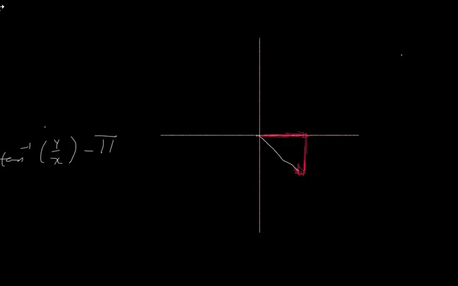So this is our complex number. This is the angle, of course. This is our argument theta. It's not a principal argument again. This one is our principal argument.